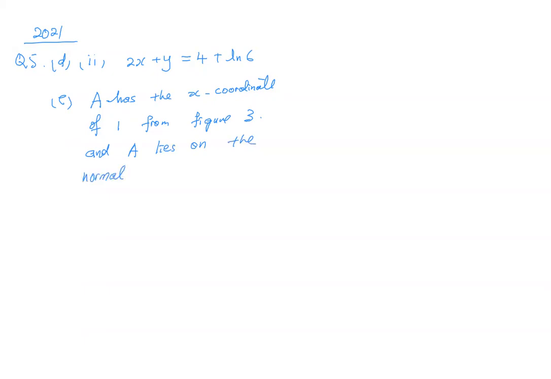If A lies on the normal, I can just put 2 times 1 plus y is equal to 4 plus ln 6. So my y coordinate will be 2 plus ln 6. That's it. Hello, Ramisa? Understood. That was easy. Thank you, Miss. Yeah, that's why you have to observe.